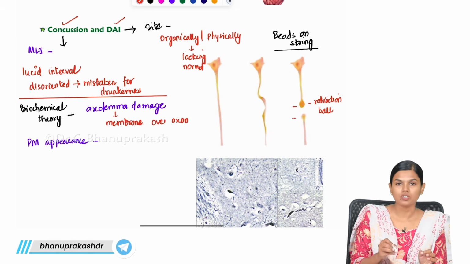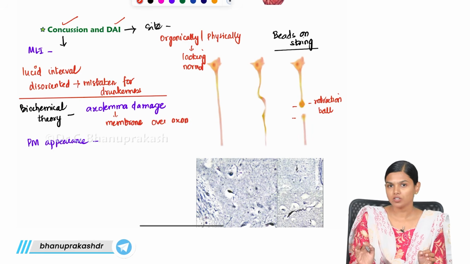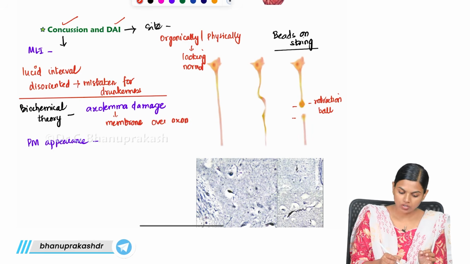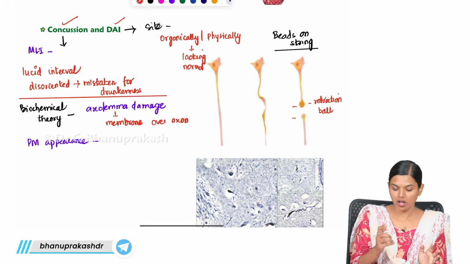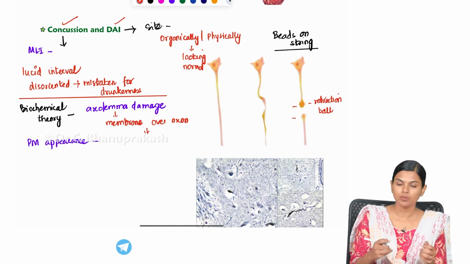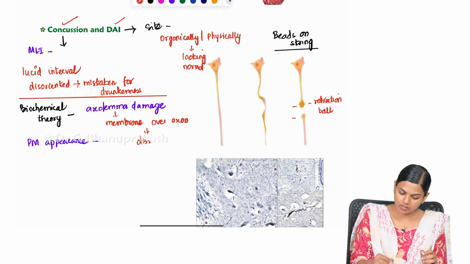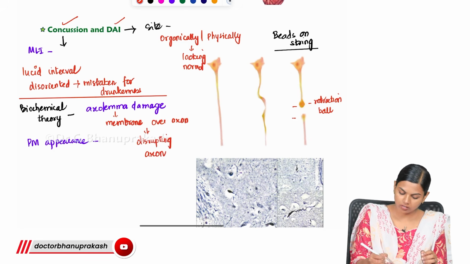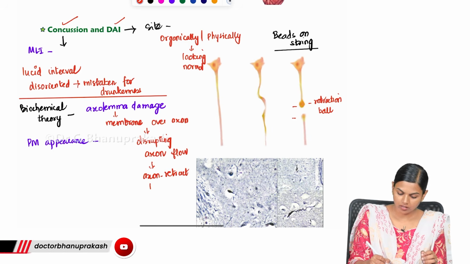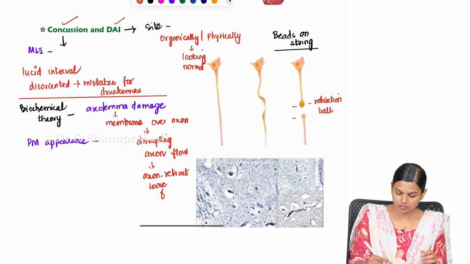This will be damaged because of the diffuse axonal injury. There will be damage to the axolemma and this keeps on accumulating, finally disrupting the axon flow, and finally the axon will retract and lose function. So this is what happens.